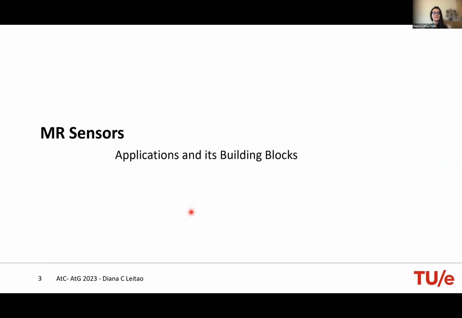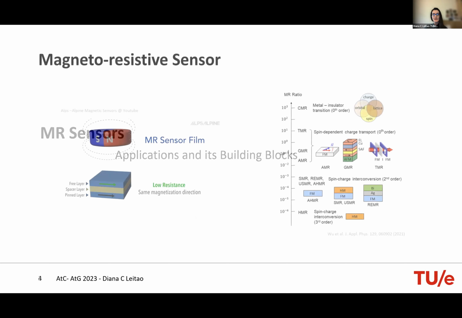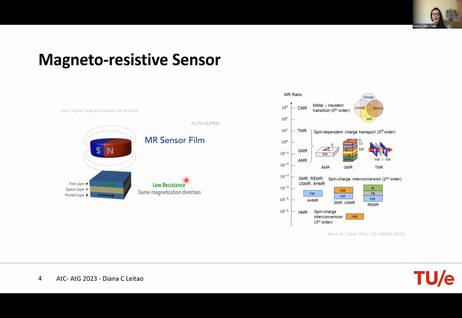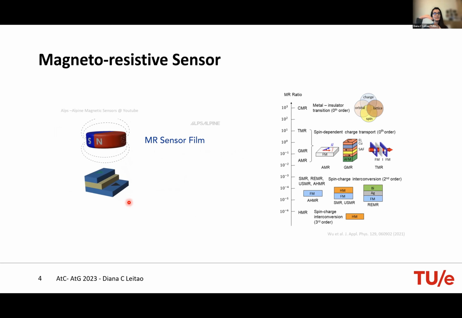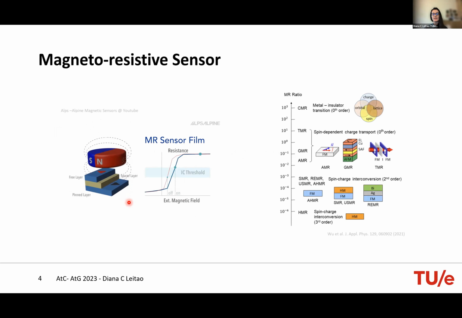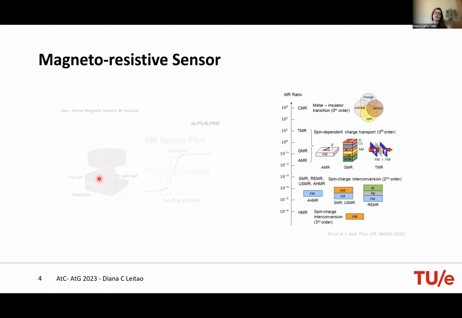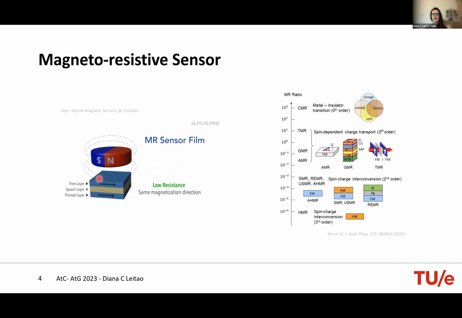So let's kick off. In terms of magnetoresistive sensors, the main idea that we need to bear in mind is that these are thin film multilayer devices. They are built by stacking different materials. And their main property is that once we approach an external magnetic field, we can see a change in the resistance measured in these different stackings.